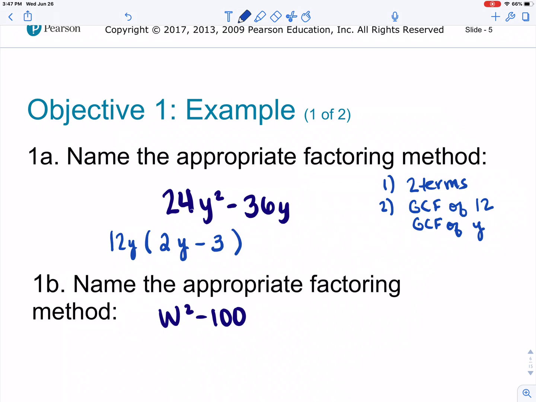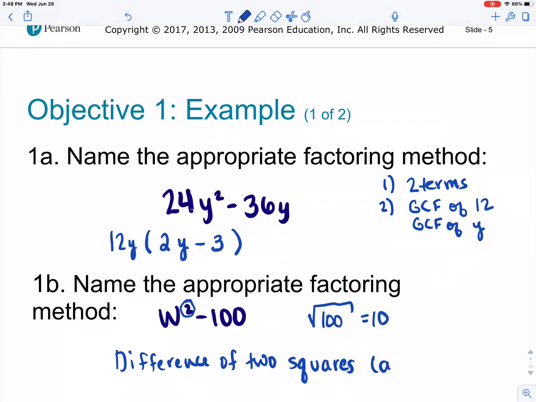1b, name the appropriate factoring method. I notice that there isn't a GCF that I can factor out, but then I do notice that it's a binomial. And the next thing I notice is that there's a square, and I also think about how the square root of 100 is 10. So to me, this would be factored by using the difference of 2 squares.